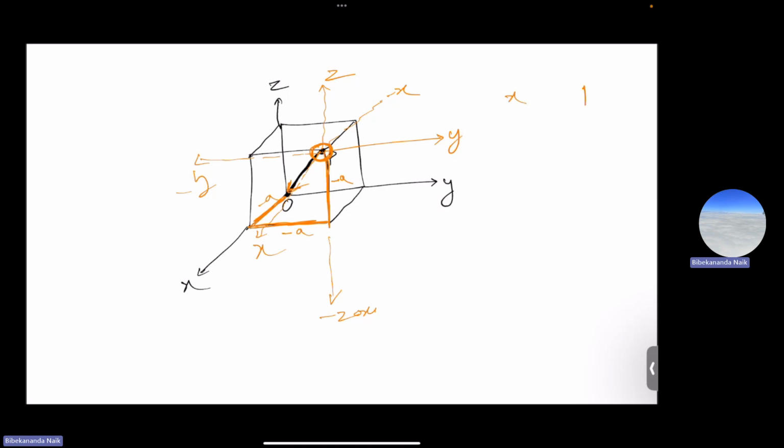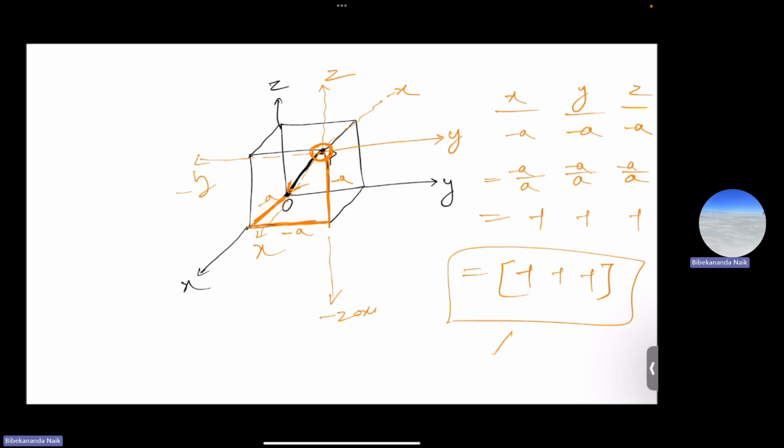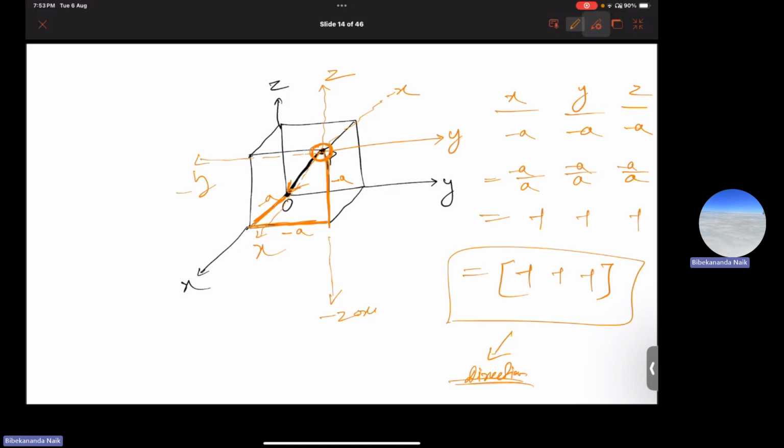So x, y, and z will be minus a, minus a, and minus a. If you divide minus a by a, minus a by a, minus a by a, it is minus 1, minus 1, minus 1. Since these are already reduced, it will be minus 1, minus 1, minus 1 in square bracket. So this will be the direction of this vector OP. But why did this become minus 1, minus 1, minus 1? Sorry, we don't write it this way.